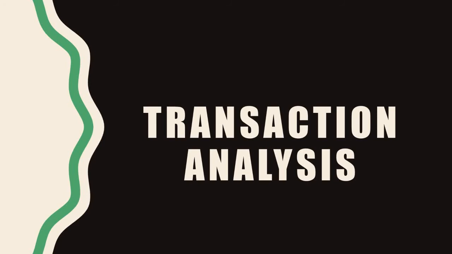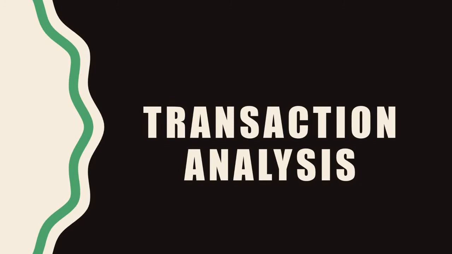Okay then, so now we're going to be moving on to what transaction analysis is. Before I get started, Chapter 2 was how to categorize it. Chapter 3 is now how to actually post it into the journal, actually journalize it.